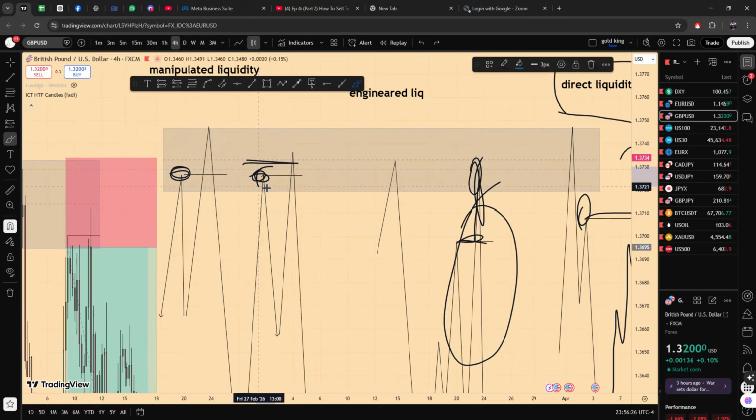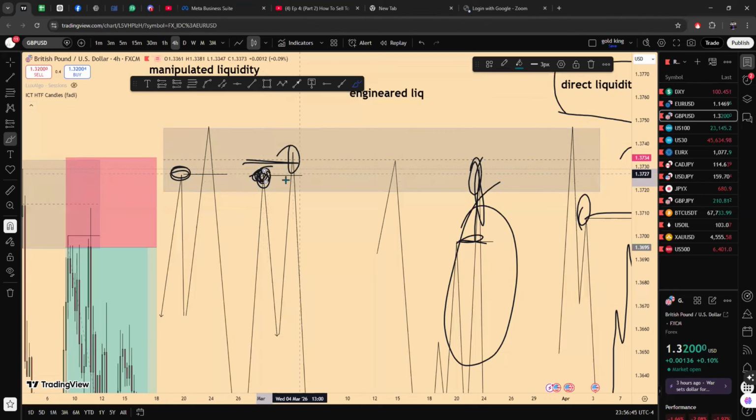So this is a fresh level where the market needs to take out the buy orders as well before it moves down. All right. So in this case, the market stop hunts those that got their stops so quickly into break even.